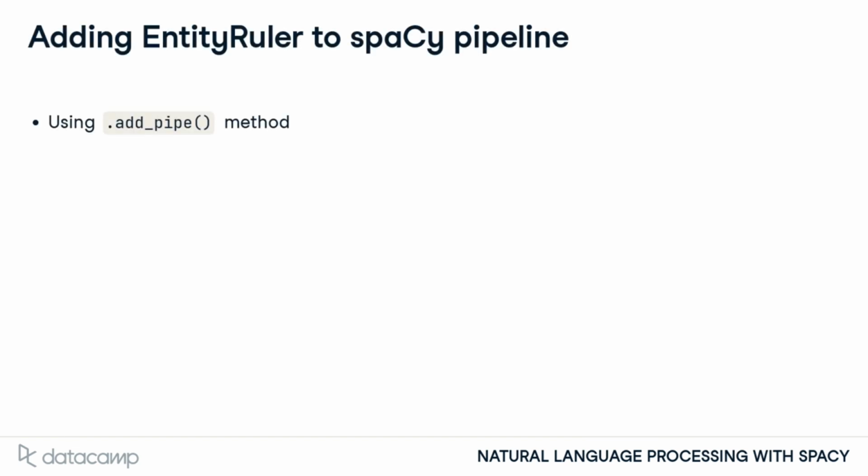The entity ruler can be added to a spaCy model using the .add_pipe method by passing, within quotation marks, the name entity_ruler. When the nlp model is called on a text, it will find matches in the Doc container and add them as entities in the doc.ents, using the specified pattern label as the entity label.